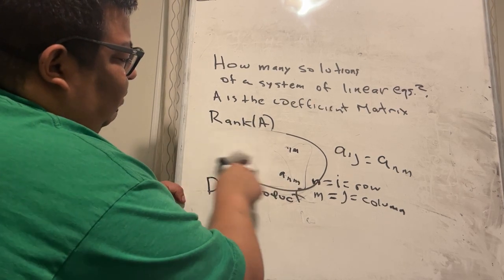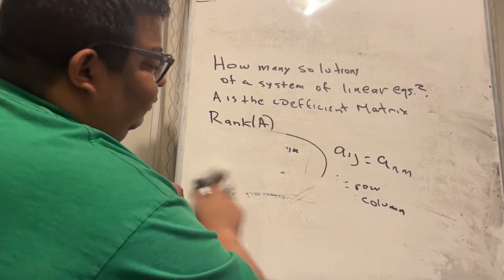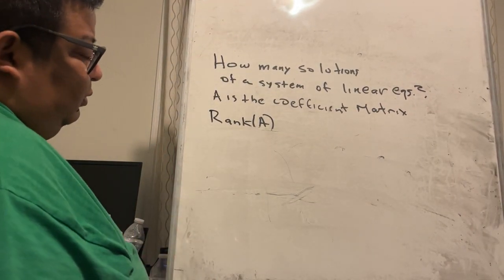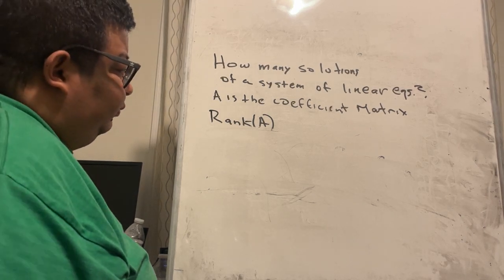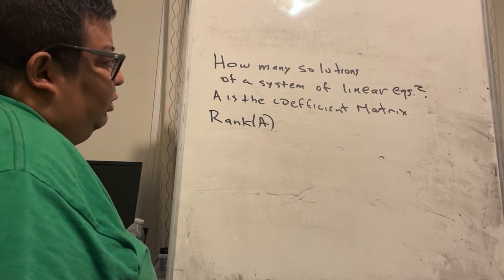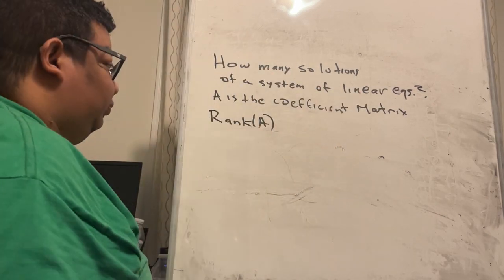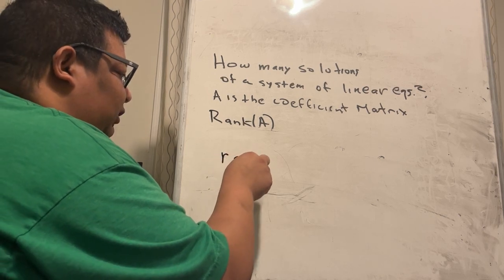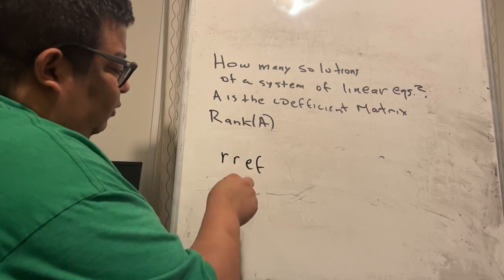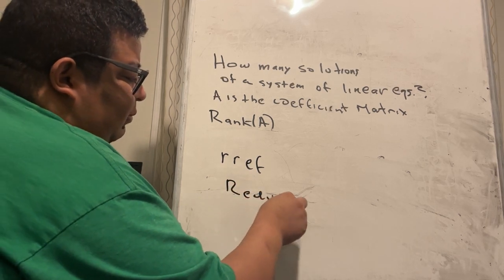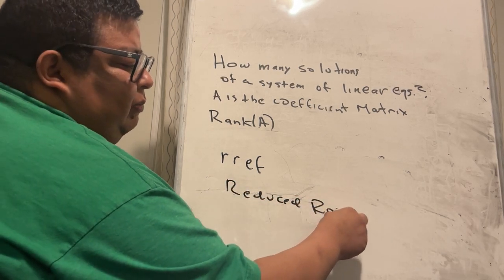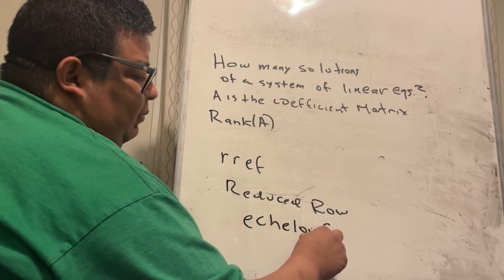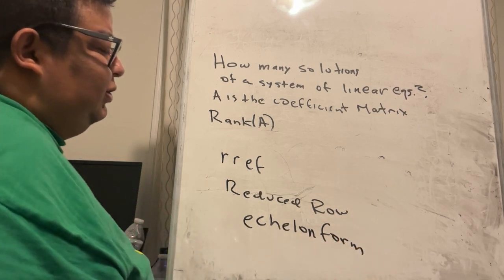So what can we say about that coefficient matrix? I'm gonna concentrate on three things. We're talking about how many solutions. Before, we talked about something called RREF, reduced row echelon form of a matrix.